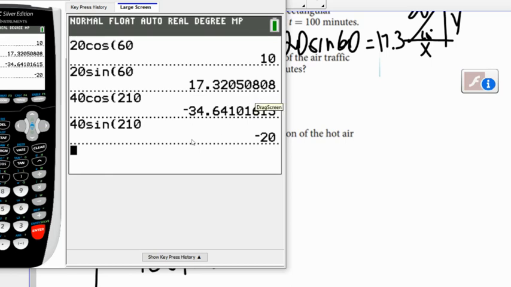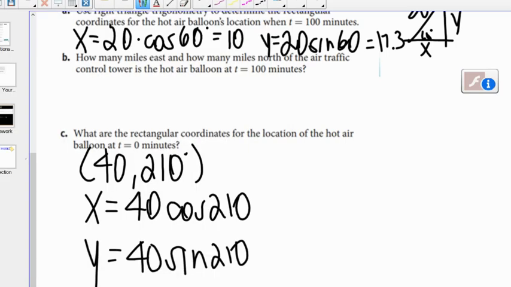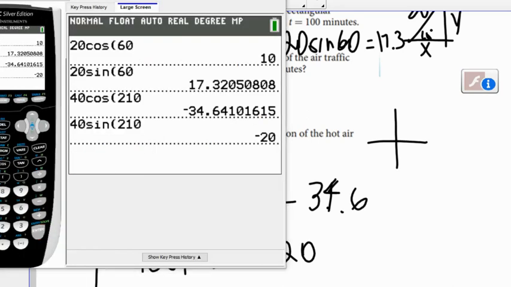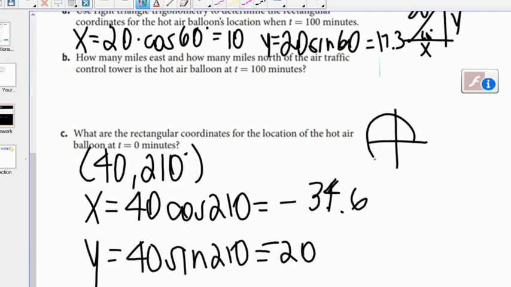Now it probably looks at first like, why is my answer negative 34.6 versus a positive value? But think about it: if you're at 210 degrees, you would be in quadrant 3.